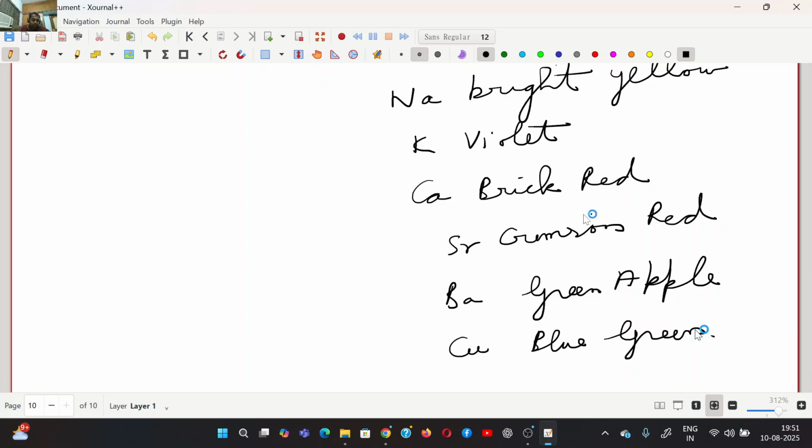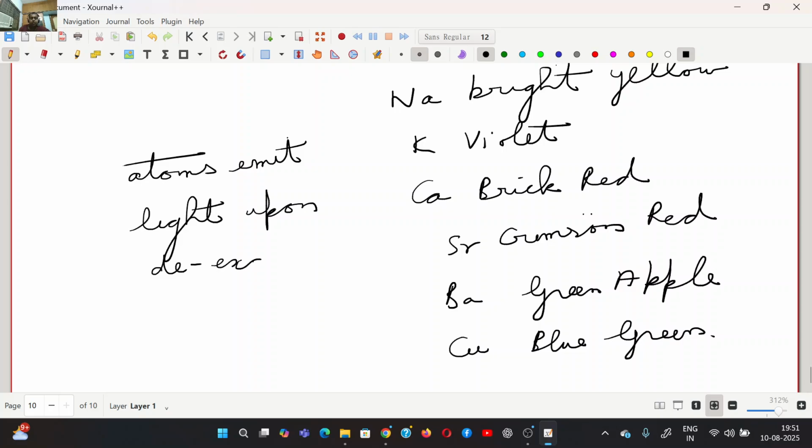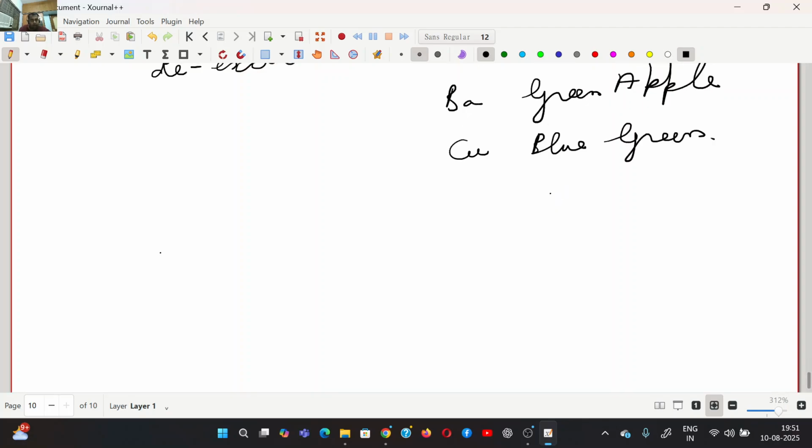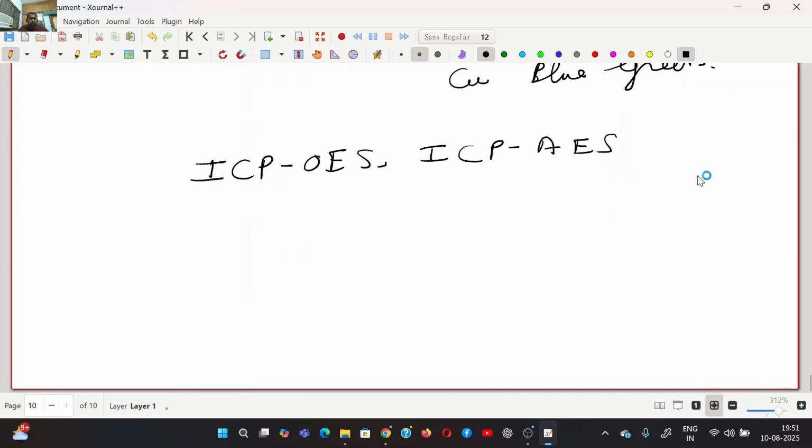So basically in emission, the atoms emit light upon de-excitation. Whereas the real world application can be a flame emission spectrometer or ICP-OES or ICP-AES, atomic emission spectroscopy. But we are interested in absorption.